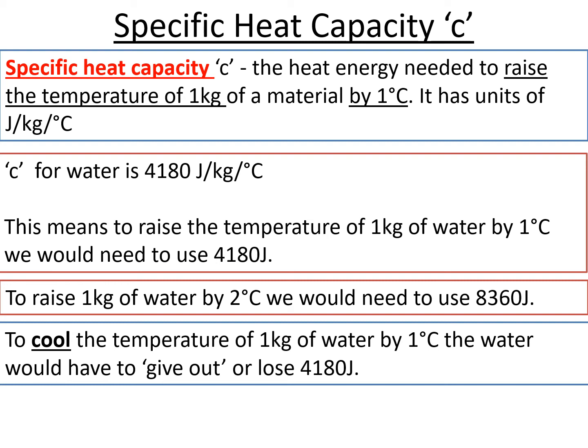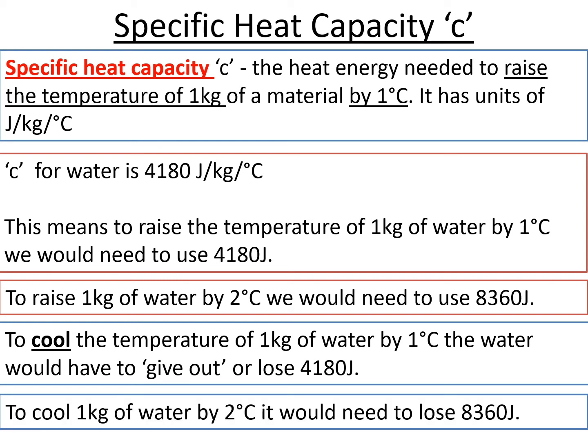And the change in temperature must give out the same energy in both directions. So to cool 1 kilogram of water by 2 degrees Celsius, it would need to lose 8,360 joules. So if you like, it's kind of the opposite of this one here. Okay, so C can work for heating and cooling of an object.